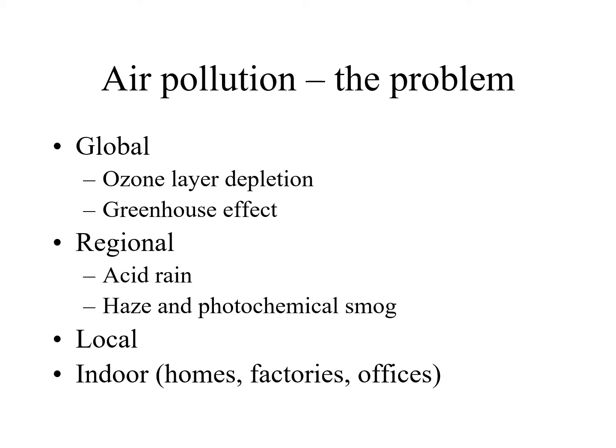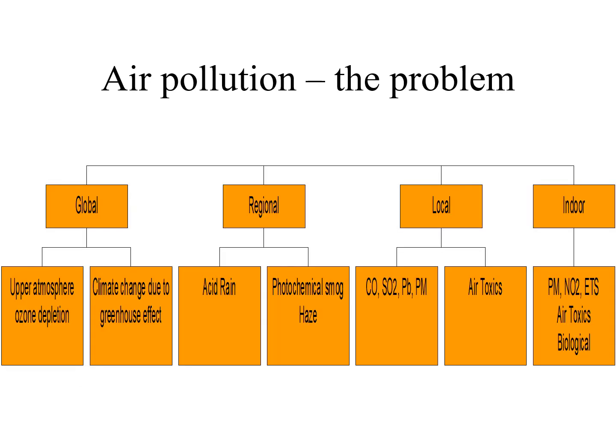Air pollution, the problem: global ozone layer depletion, greenhouse effect; regional, acid rain, haze and photochemical smog; local, indoor, homes, factories and offices. There is global, regional, local and indoor air pollution. Global: upper atmosphere ozone depletion, climate change due to greenhouse effect.